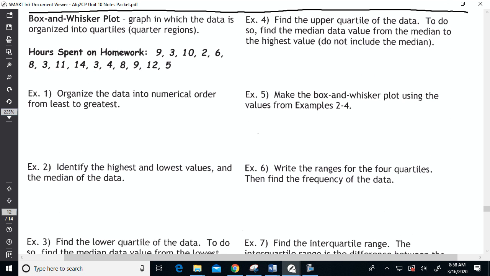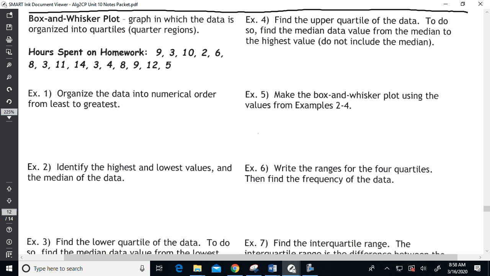Our second thing that we'll look at in terms of data organization is a box and whisker plot. A box and whisker plot is taught in 8th grade / Algebra 1, and it's simply another way to organize data that is provided to you. With that being said, let's look at the data provided.